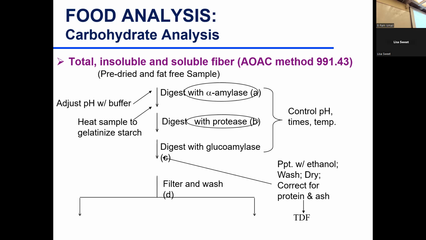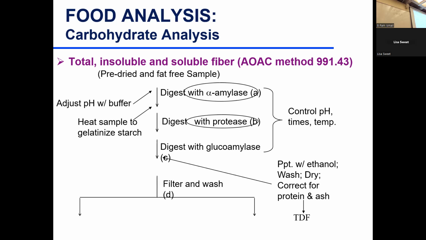Now I get total dietary fiber this way, but if I want to get soluble and insoluble dietary fiber separate, I don't wash here with ethanol. So what I do is I have the soluble and I have the dietary fiber that is insoluble. I filter and wash, and I get two components.